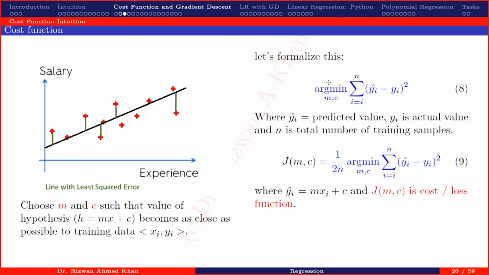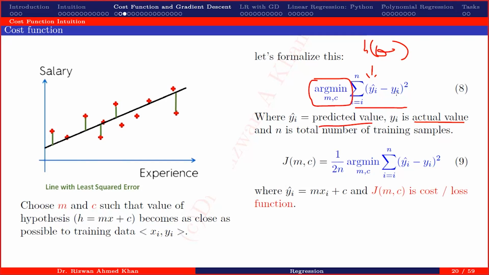So to formalize, this is our squared error. So y hat over here denotes the predicted value, which comes from what is called the hypothesis H. Here we are calling it y hat, and yi is the actual value given in the data set, and n is the total number of samples, and argmin means we are trying to minimize this function.